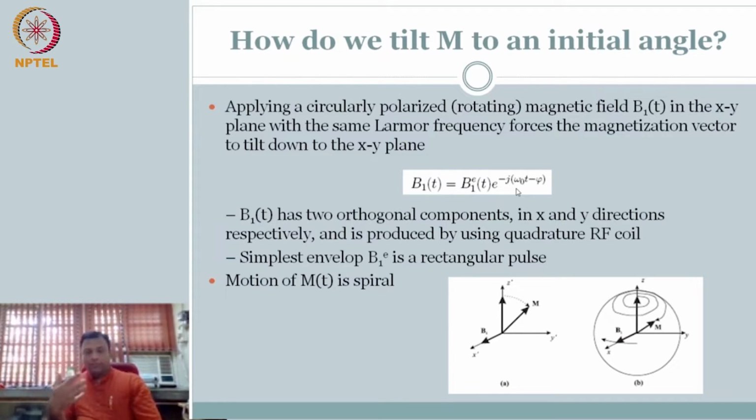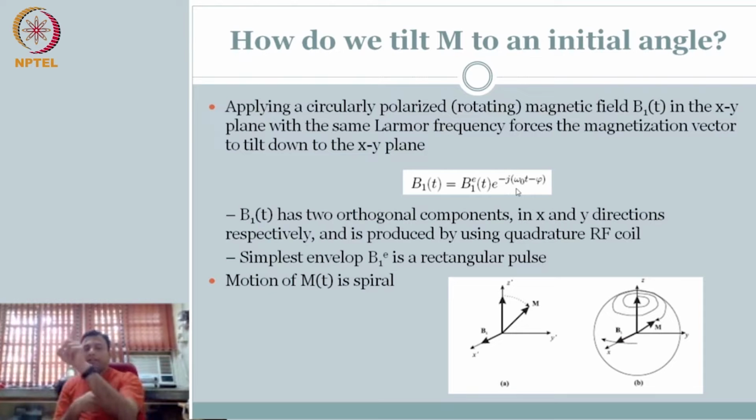As a thought experiment, just to make yourself comfortable: initially, when we applied a static magnetic field in the Z direction, the precession was around the Z direction. That is, your magnetization vector started to precess around the Z direction. Now, if you look at Z dash, you have M. If I apply my B1 in X dash, what should happen?